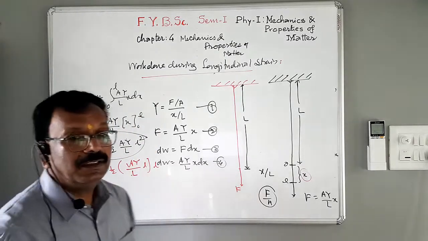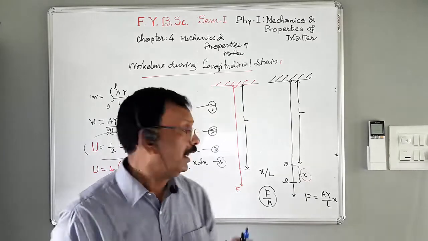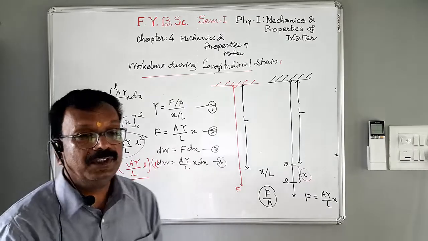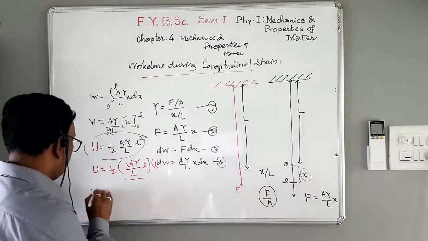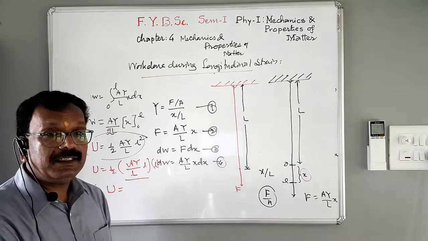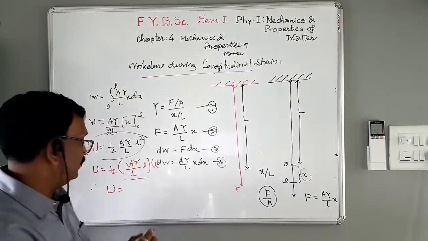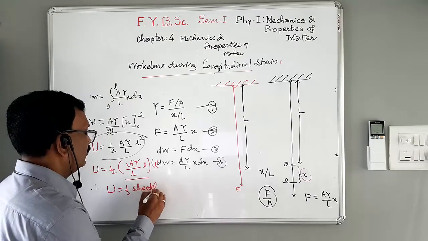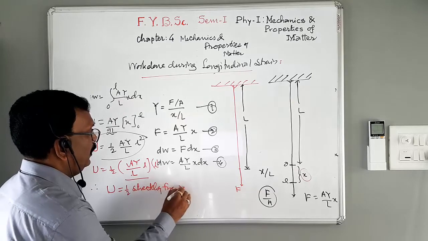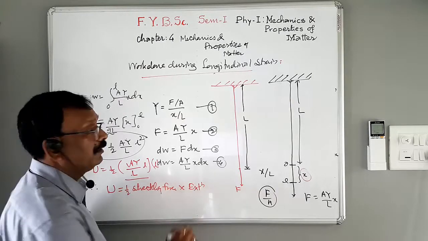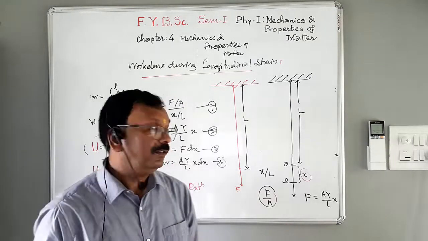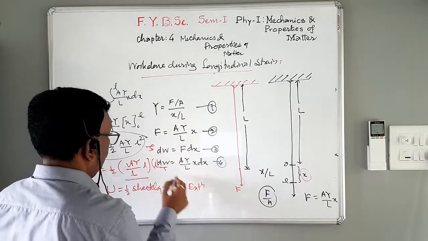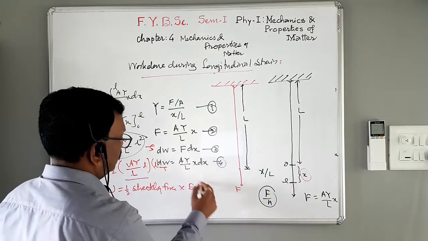This is the stretching force and this is the extension. Therefore, from this we can say that elastic potential energy is equal to 1/2 stretching force into extension. Suppose this is equation 5 and this is equation 6.